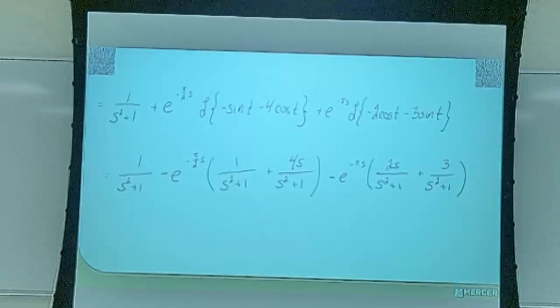And there's your Laplace transform. Good?